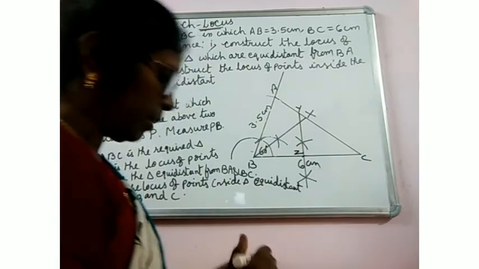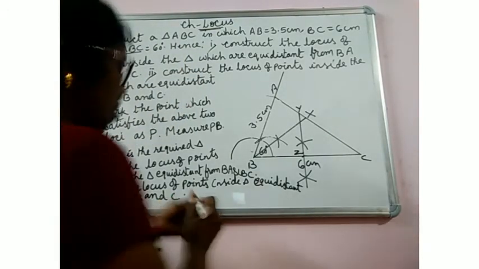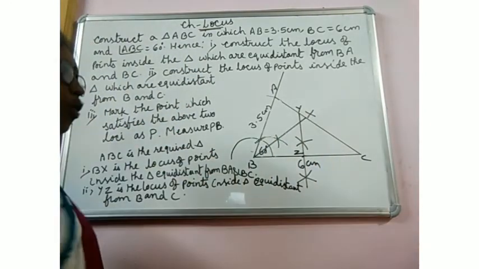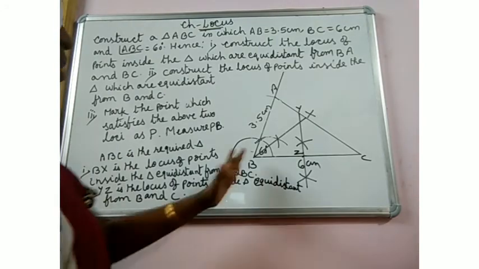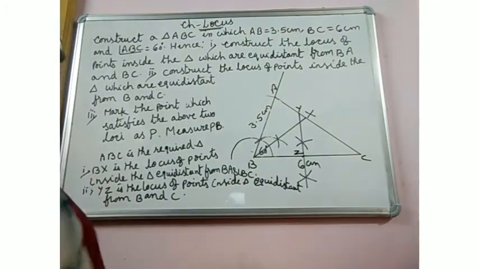Now you see children, we got X. BX is the locus of points equidistant from BA and BC.